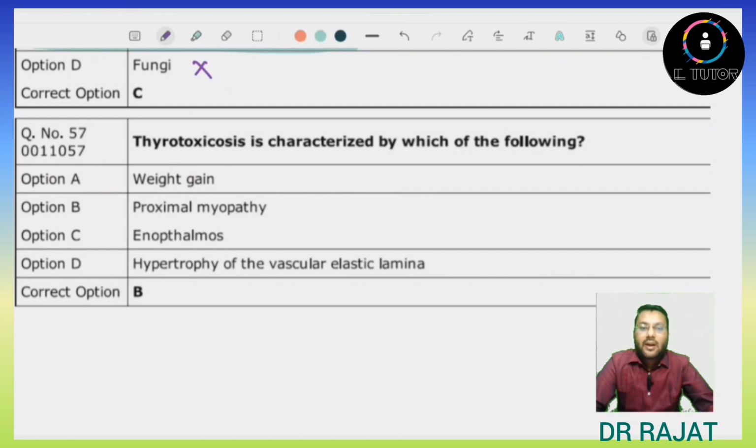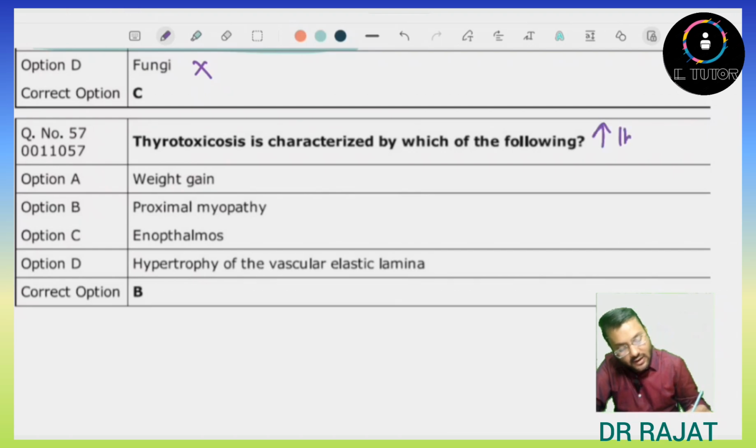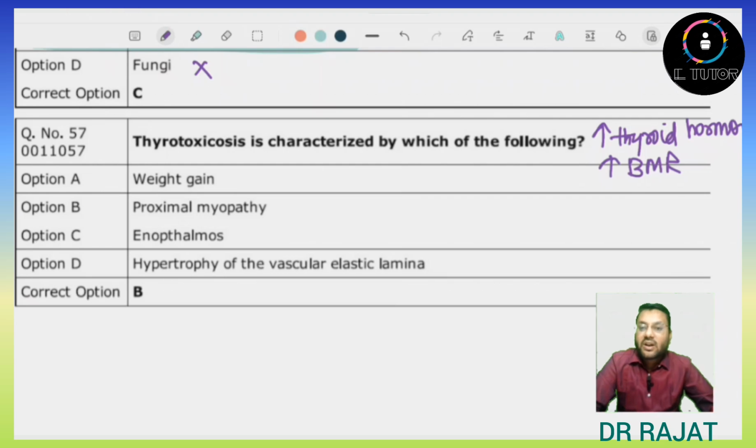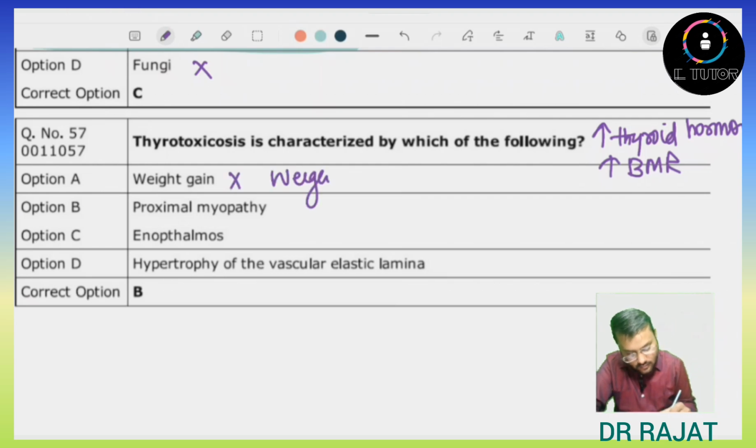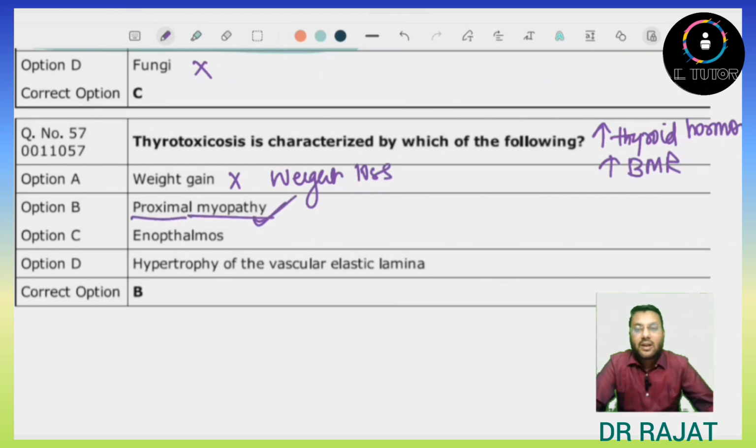Thyrotoxicosis is characterized by which of the following? So in thyrotoxicosis, there is increase in the thyroid hormone. So increase in the basal metabolic rate. So weight gain, no. There will be extensive weight loss. Proximal myopathy, yes, this can occur because it will damage other body tissues also.